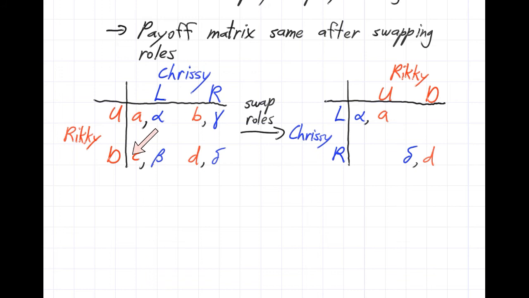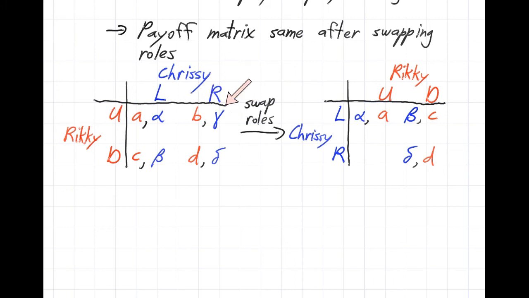So we actually end up swapping the off-diagonal elements when we swap the roles in this game. So the top right will be beta and C. And likewise, the bottom left box has to be the payoffs for the outcome with U and R. U and R is the top right box.